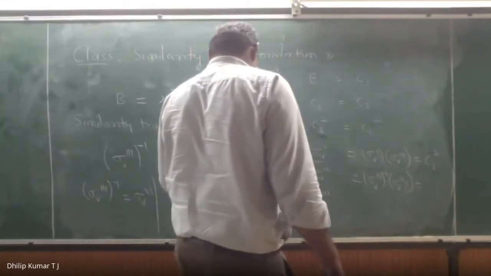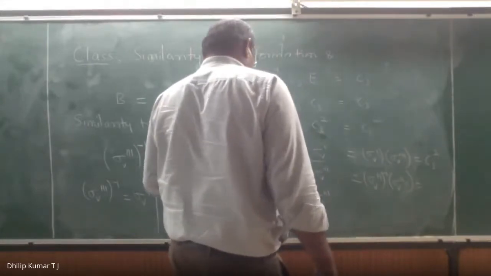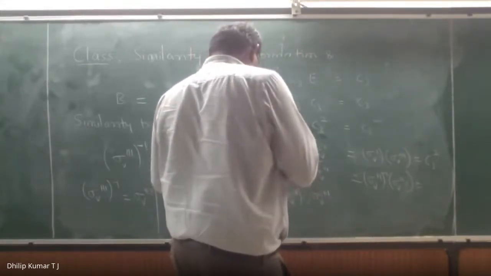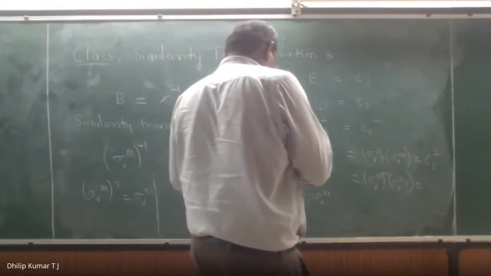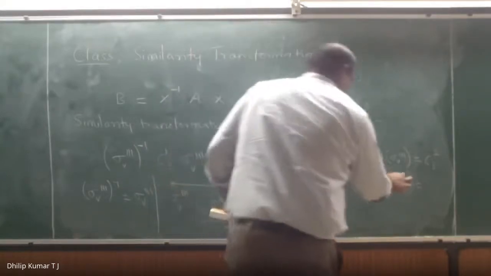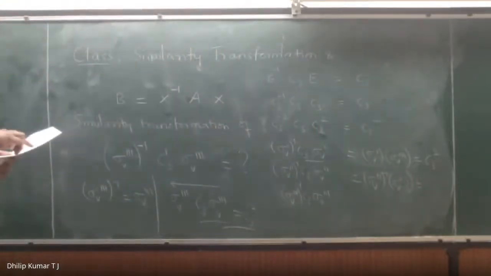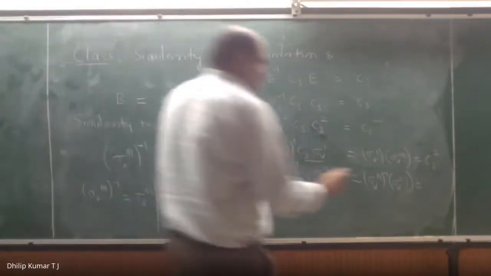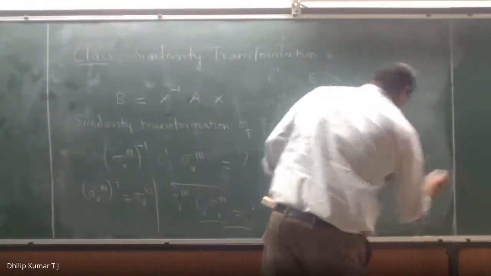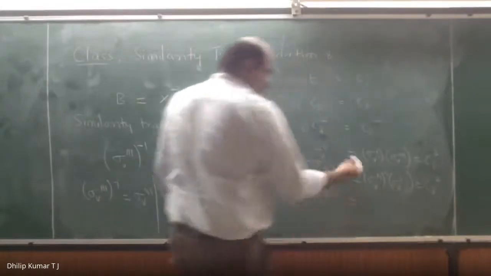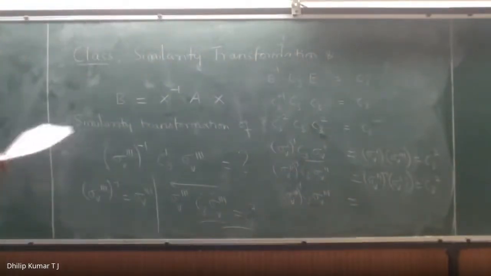Check now, check this one. I'm not getting it correctly. C3 into sigma V double prime into C3. This is single prime. Okay, and then sigma V prime into sigma V double prime, C3 2. Again, if you perform this, you will get C3 or C3 2 only.